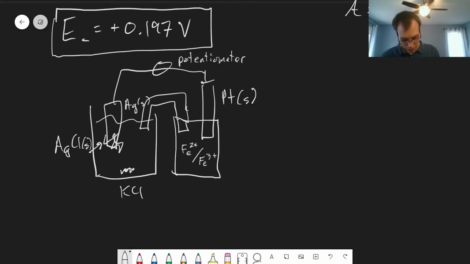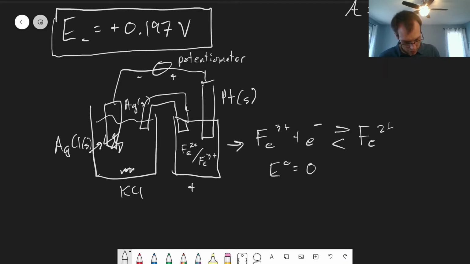If we look at the reaction equation for this right-hand cell on our positive side, let's say that we have positive and negative here. So this reaction is going to be the reduction of iron 3 to iron 2. This has a known standard potential of 0.771 volts.